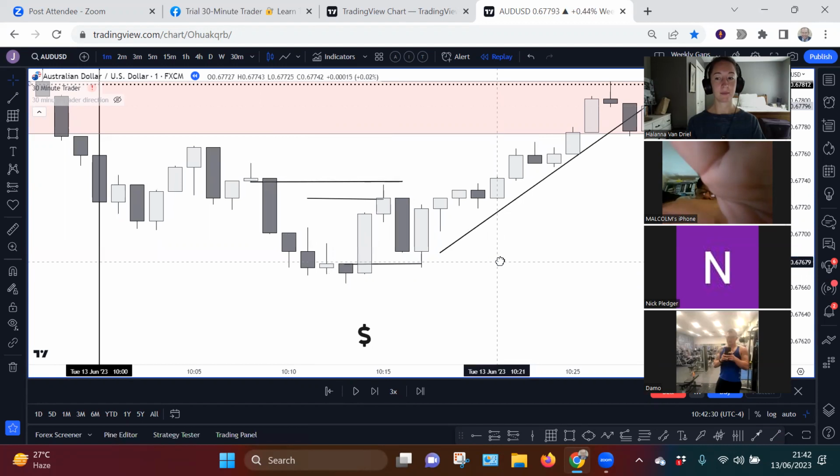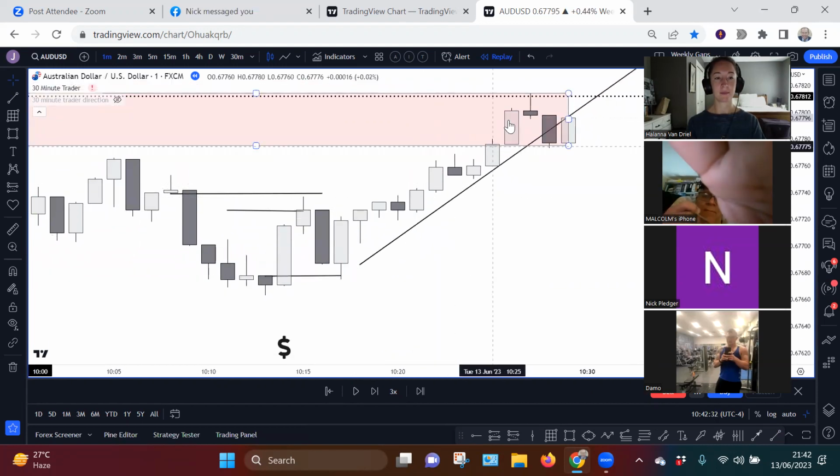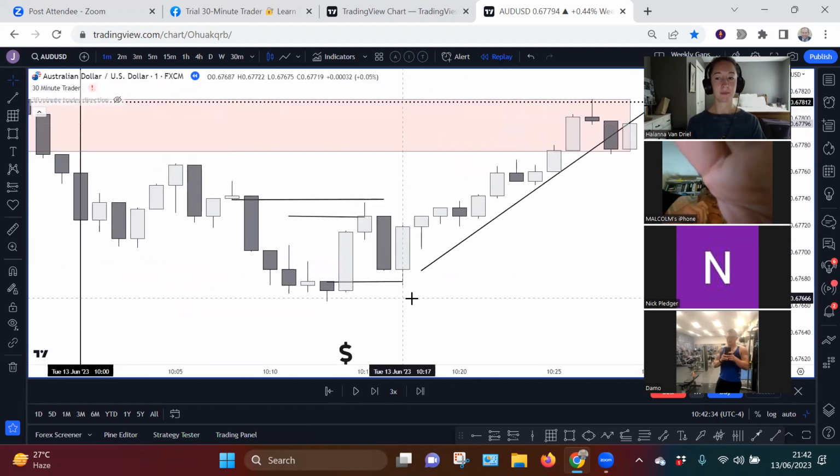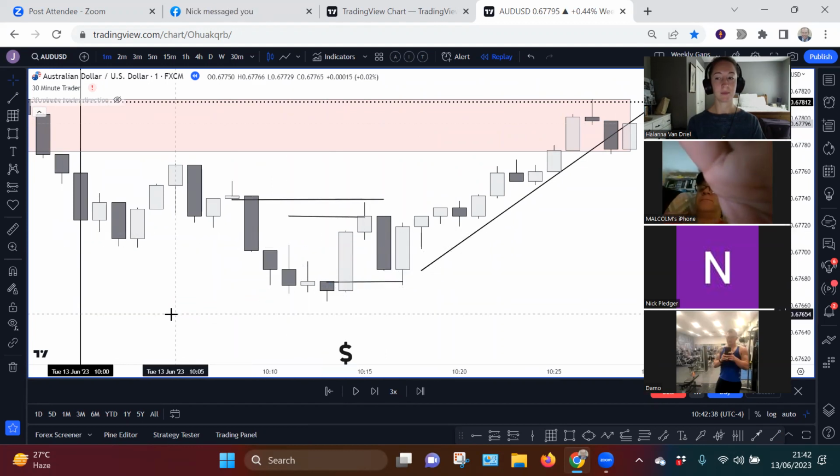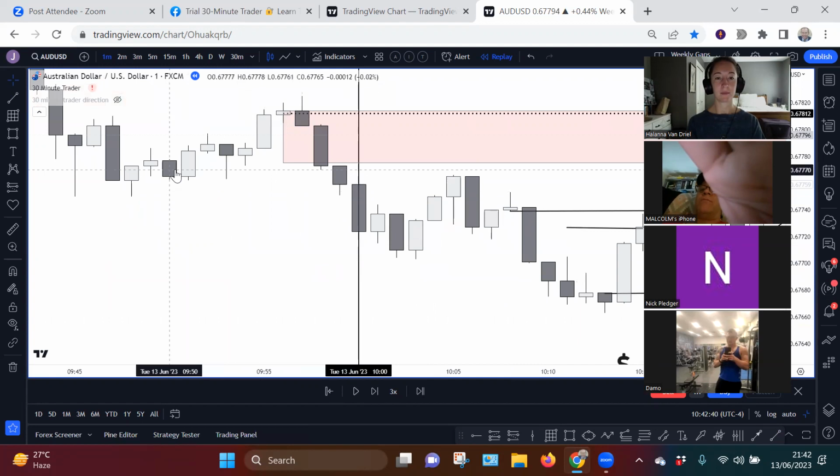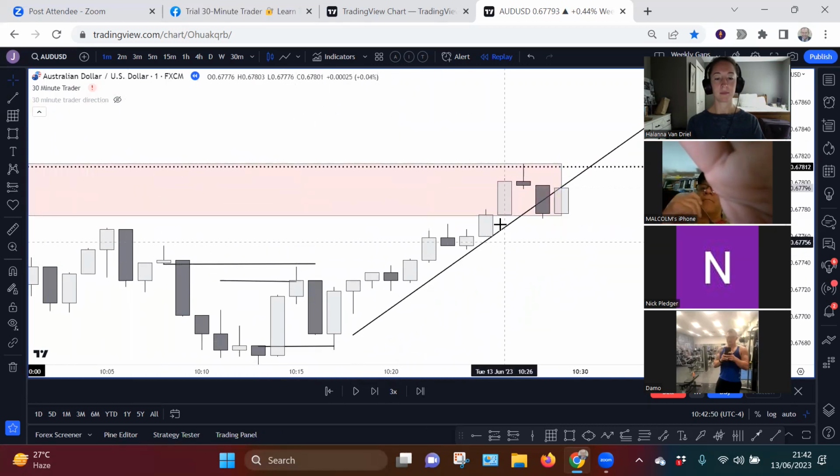Now let's look at this here. That there, where it came down, fair value gap, and an odd one. It went up, high, and a fair value gap there, fair value gap there. Price comes into it.